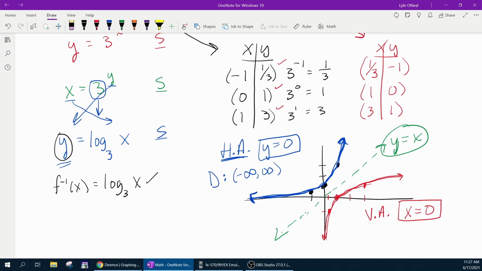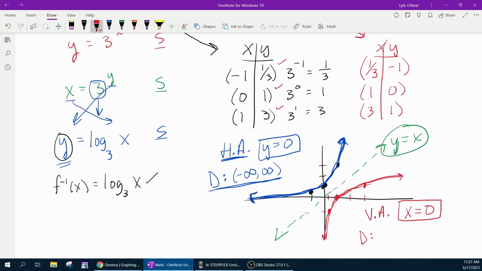So the exponential graph is going to cover all x values from minus infinity to infinity. That means the domain is all real numbers. Notice for the log function, though, if we're looking at the domain, there is no graph to the left of the y-axis. So that means that our domain for the log function is going to be restricted.